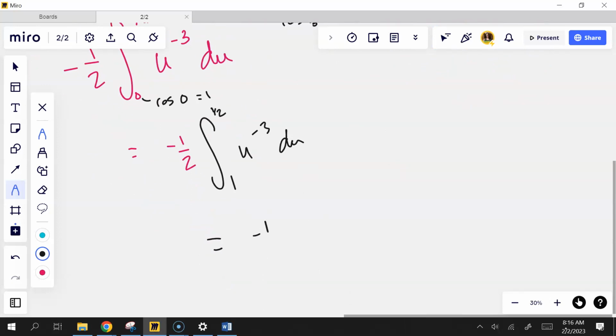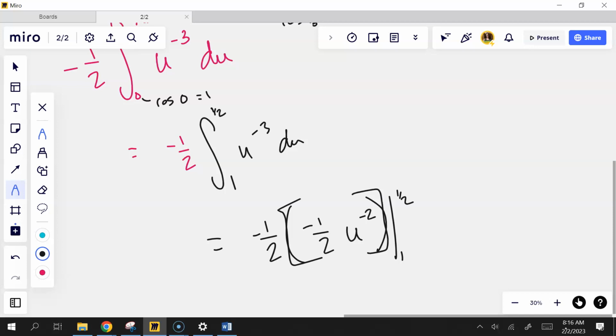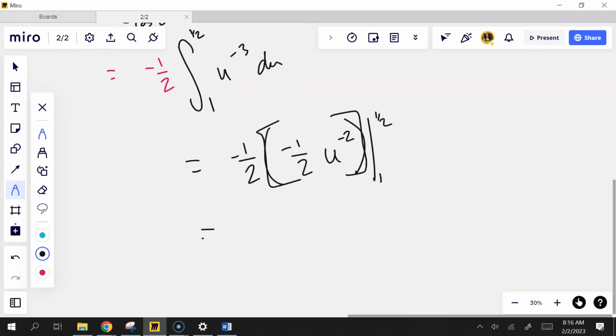Antiderivative of u to the negative 3 would be negative 1/2 u to the negative 2 from 1 to 1/2. I'm going to kind of do this. Negative 1/2 times. Could have taken that negative 1/2 out also and made it 1/4.